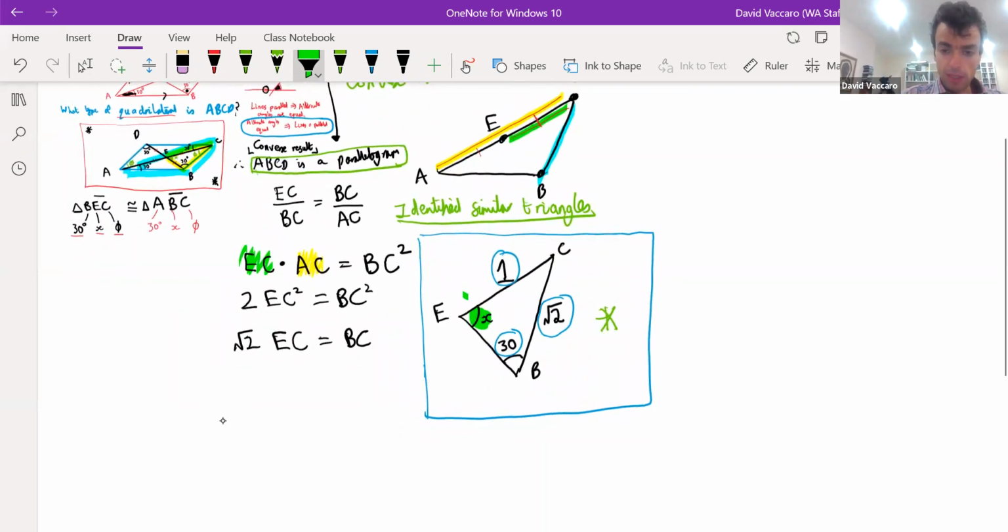So we've identified similar triangles, and then in this stage, we found relationships between sides.